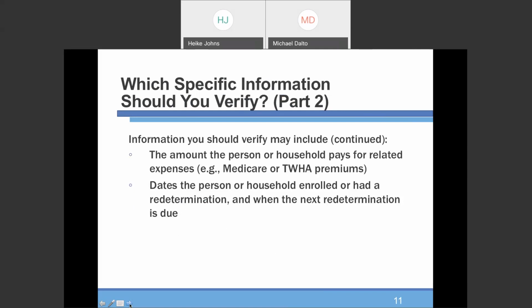For example, Medicare premiums or Ticket to Work health assurance premiums. You want to verify the date that the person or the household enrolled in the benefit or had their last redetermination, and figure out when their next redetermination is supposed to happen.